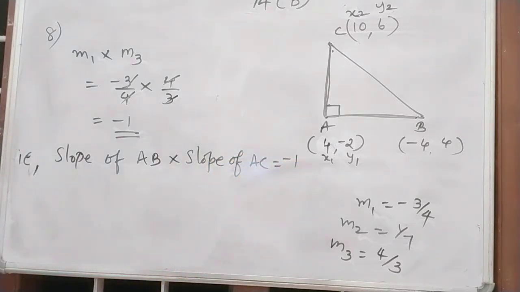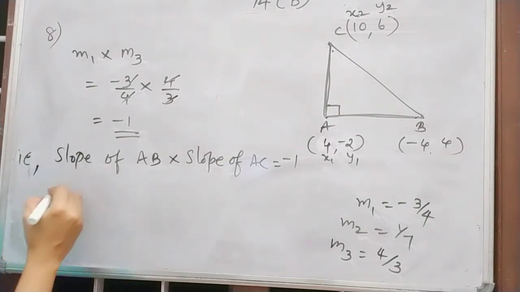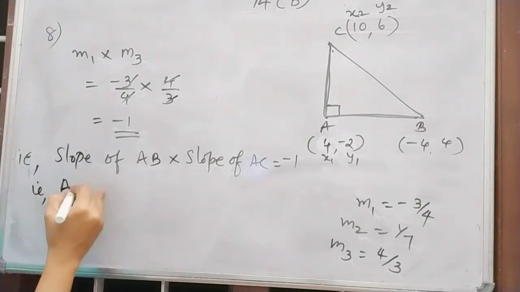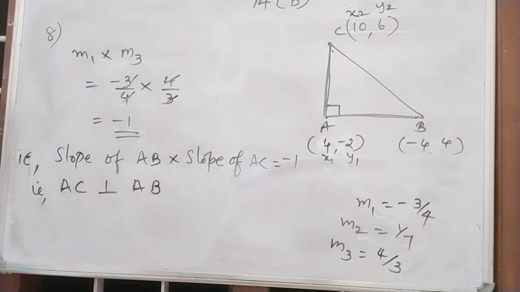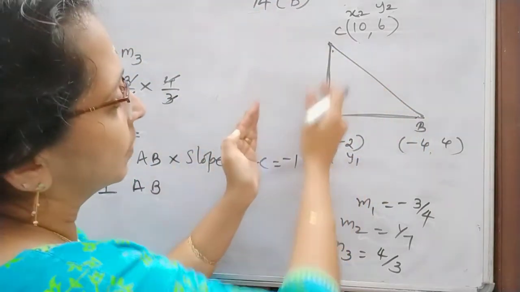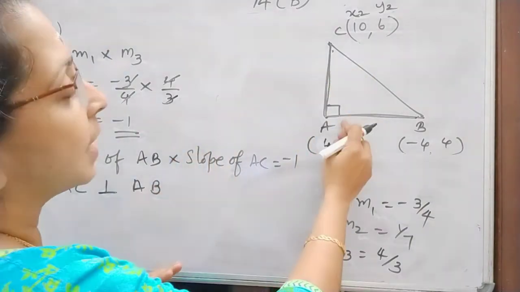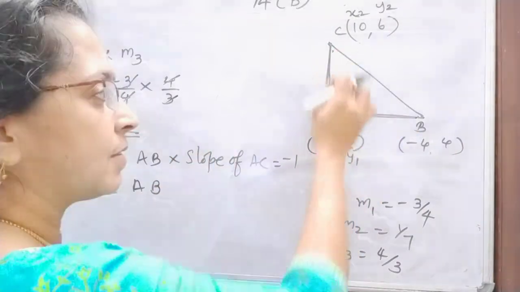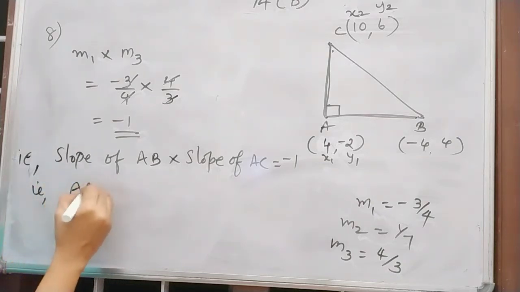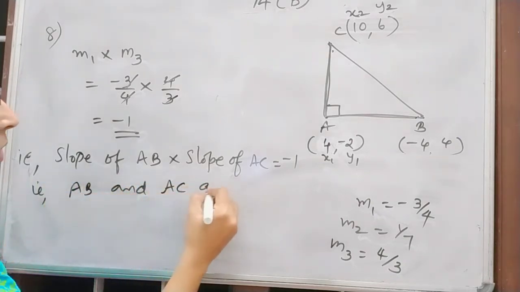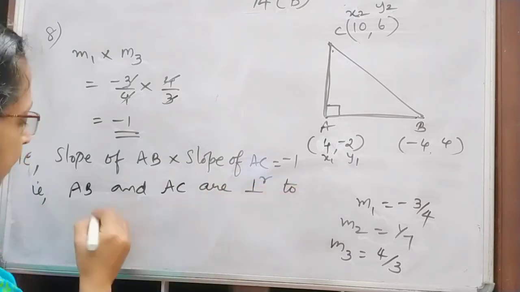That means AB and AC are perpendicular. AC is perpendicular to AB, or AB is perpendicular to AC, if we turn the right angle triangle this way. Those two are perpendicular, that is, AB and AC are perpendicular to each other.